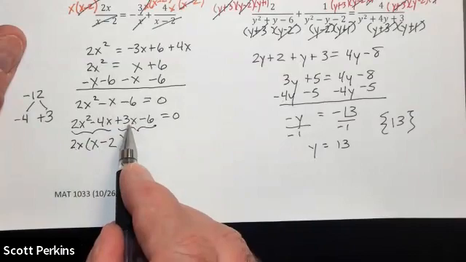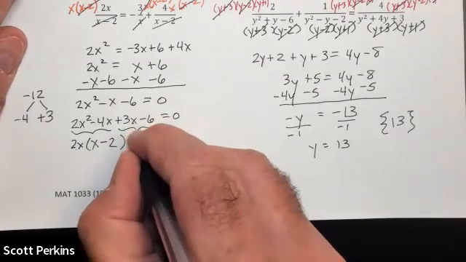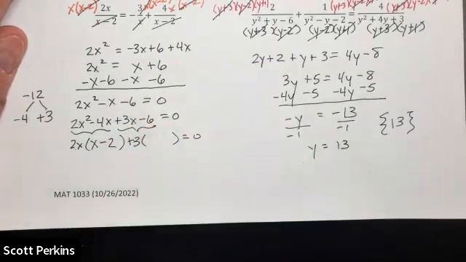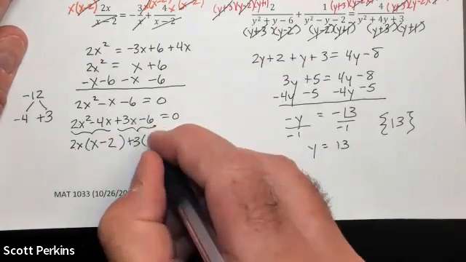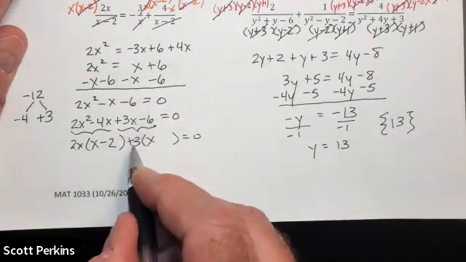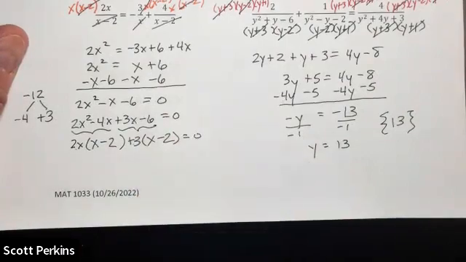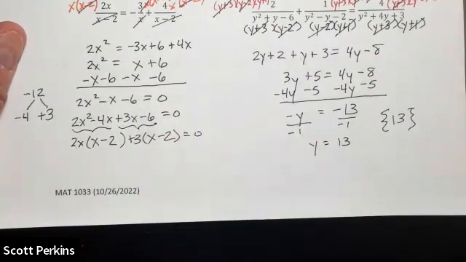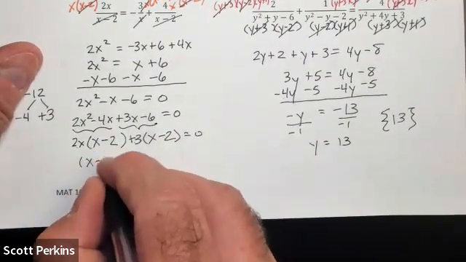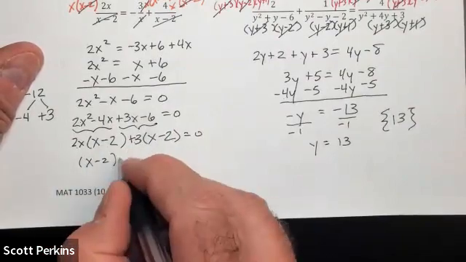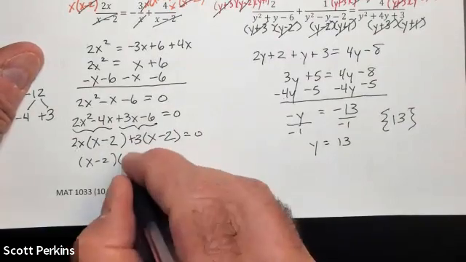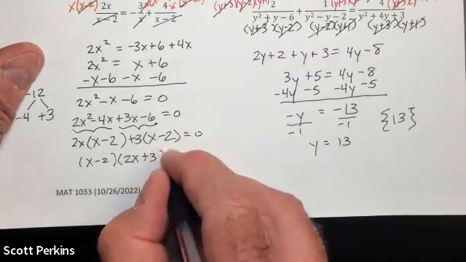The second pair of terms, the 3x and the negative 6, I can take out a 3. 3x, factor out the 3, leaves x. Negative 6, factor out the 3 is negative 2. And then finally, at long last, I have my 2 factors. The first factor is x minus 2, because it's what it has in common. And the second one, I have a 2x from the first term and a plus 3 from the second.